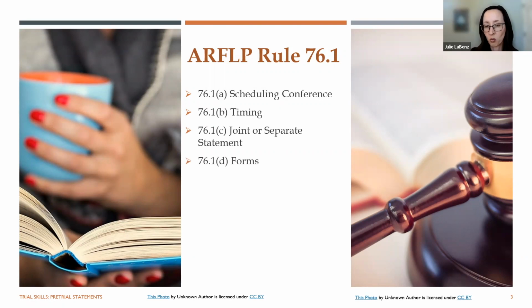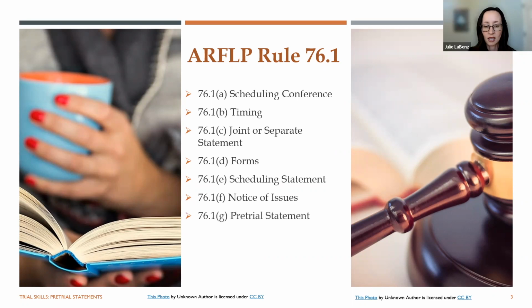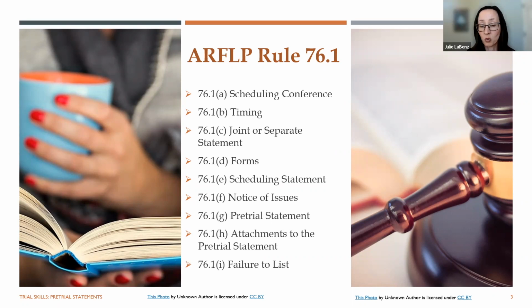Subsection D talks about where to find a pretrial statement form. Subsection E is about a scheduling statement. Subsection F is about a notice of issues. Subsection G is about the pretrial statement. H is about what attachments to include with your pretrial statement. And then subsection I talks about what happens if you don't list something you intend to present at trial in your pretrial statement. So we're going to talk about each of these subsections.